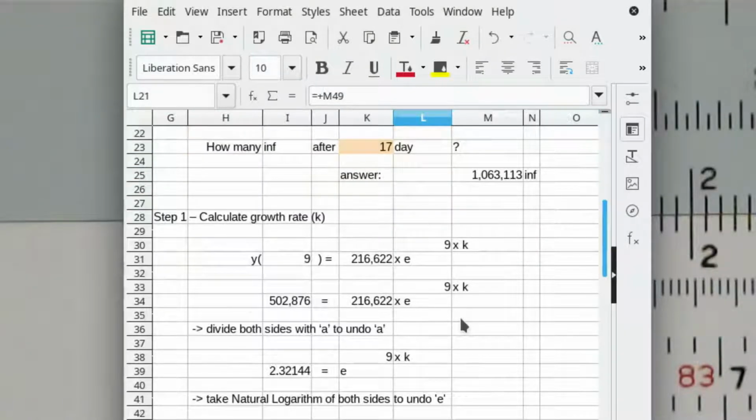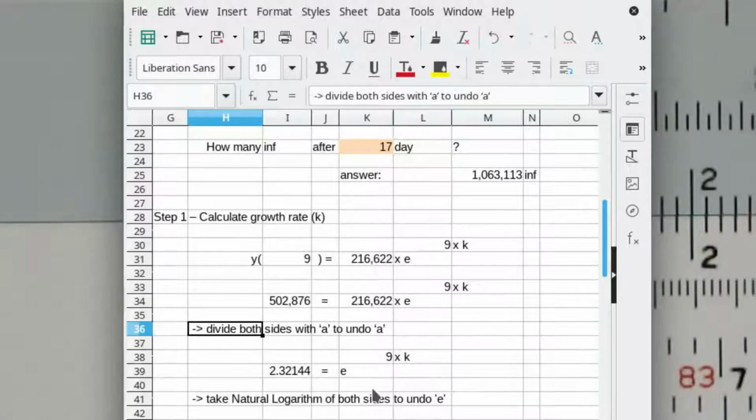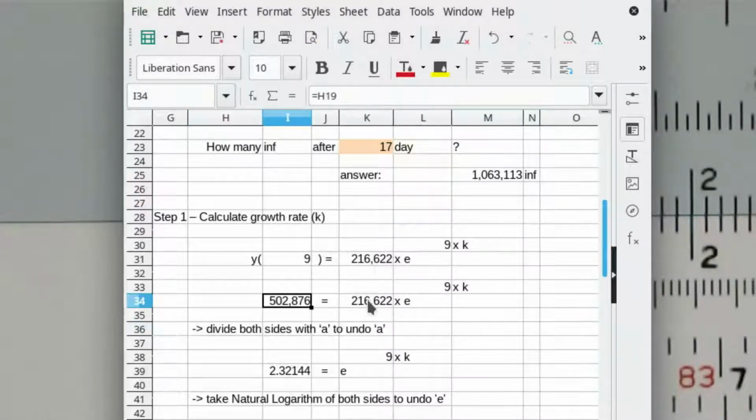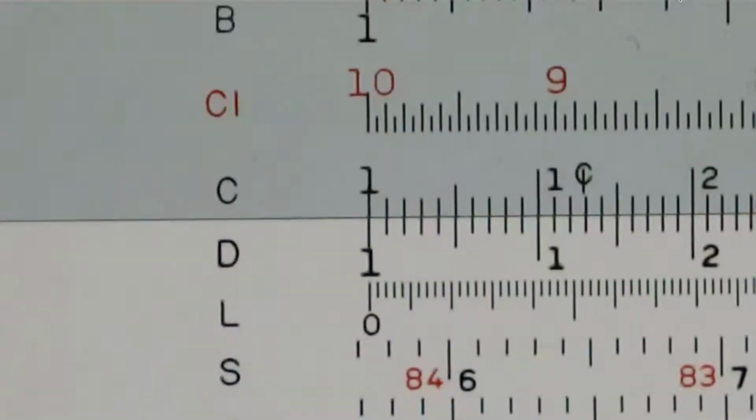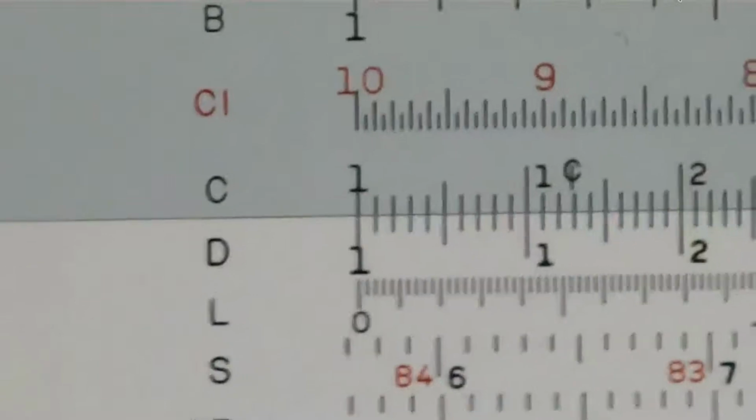And so what we see is that we have to divide by the beginning rate. So the 216,000 is the start rate, and 502,000 is after 9 days. So we need to divide 502,000 by 216,000.